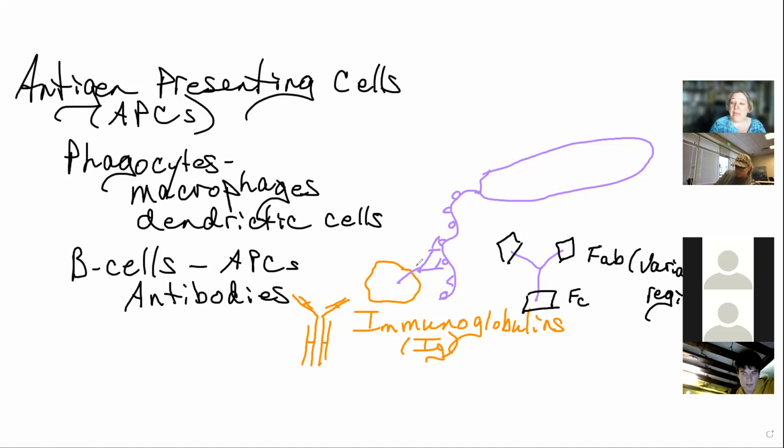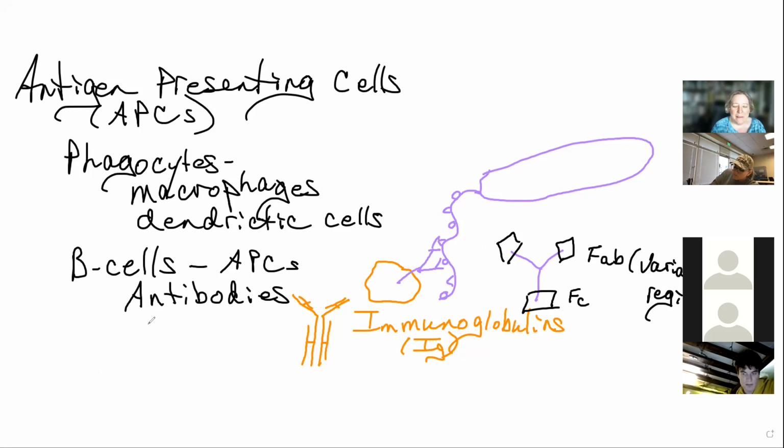When we get into maturation, when we start talking about how B cells learn how to be B cells, we'll talk about how this variable region, for each B cell that matures, we get unique variable regions. So in theory, your body can make antibodies against just about any chemical shape out there. They're very, very specific.